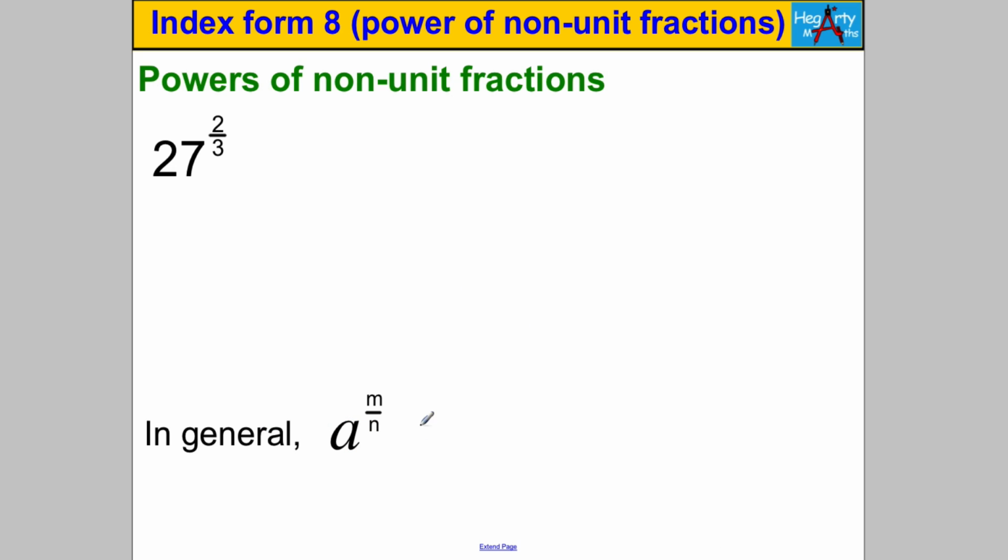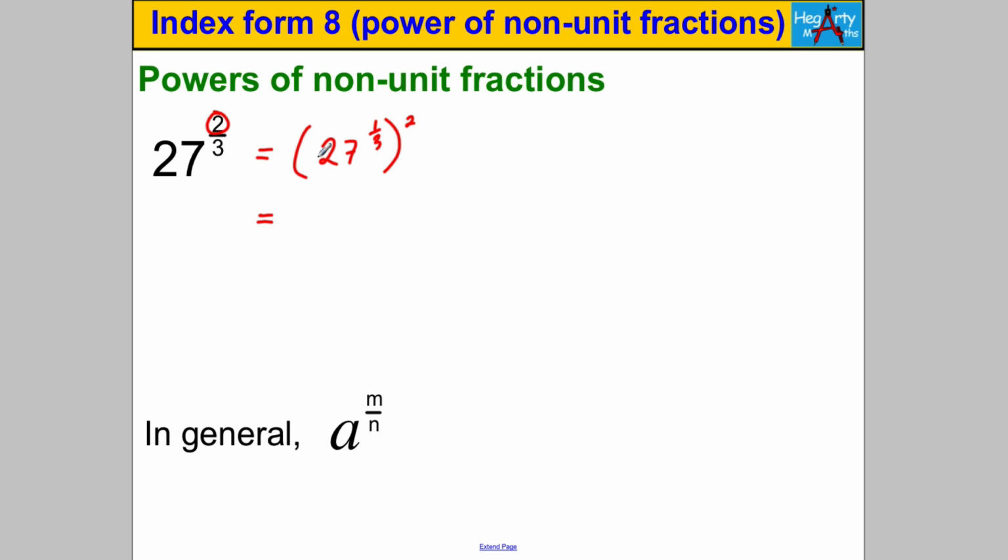Now some people like a general rule to remember. I like to think of it in this way of breaking it into a unit fraction and a power of the power rule. So what would I do in this case? Well, I would write that as 27 to the 1/3. Write the 2/3 as a unit fraction, but remember to write that 2 on the outside here, because I know power of the power rule means I'm going to eventually multiply them and get my 2/3 back.